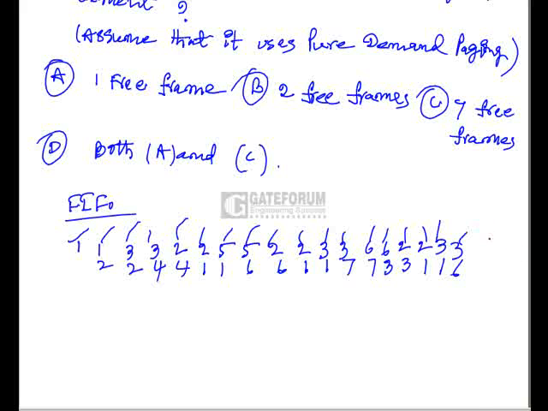If you use LRU, it may be different. For example, 2 frames, 1, 1, 2. For 3, we have to replace 1 because it is the least recently used. 3, 2, then 4.